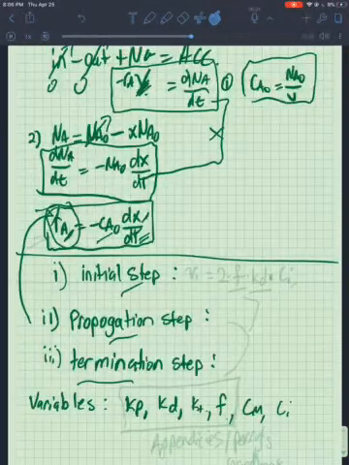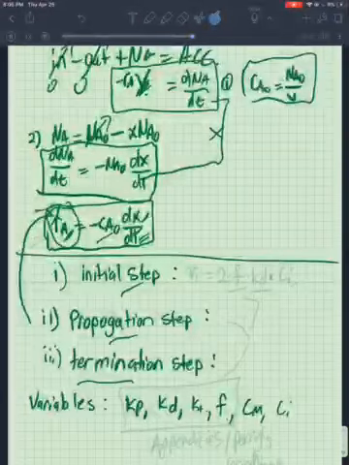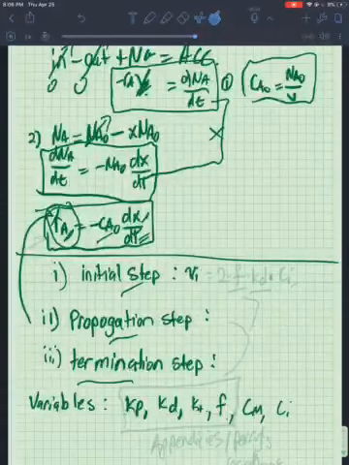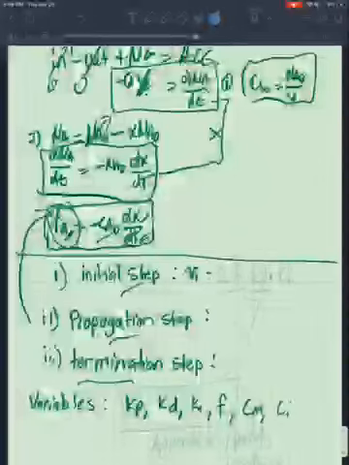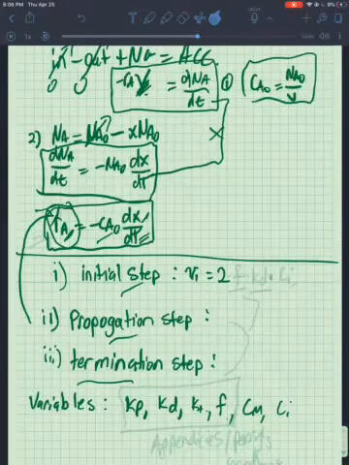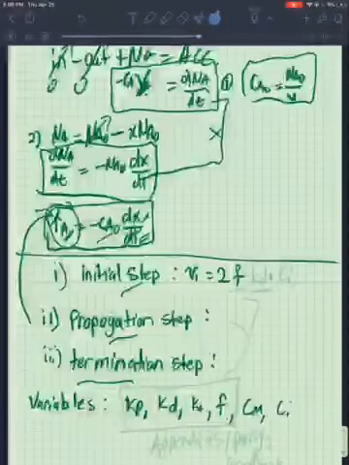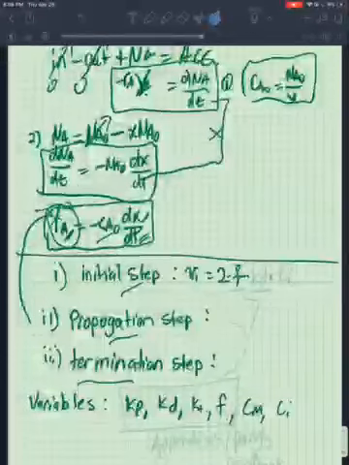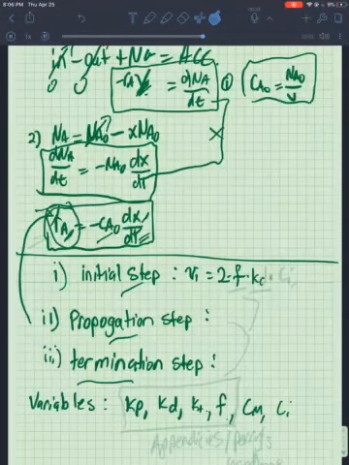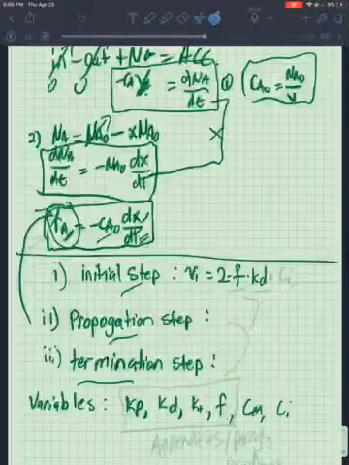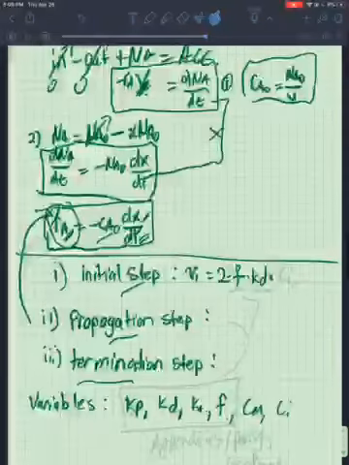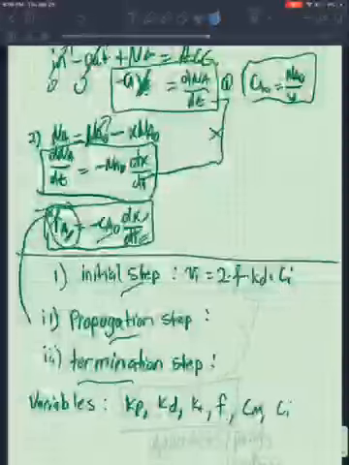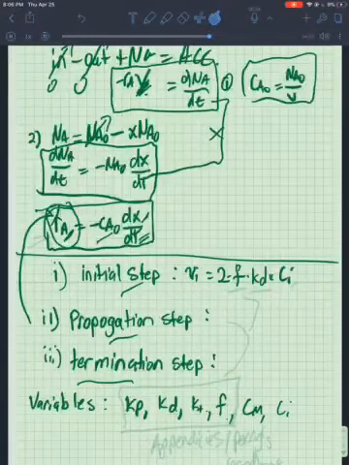I'll just show you one. Let's say the initial step rate law, let's call it VI, is equal to 2 multiplied by a parameter F. We'll get into detail on these variables in a second. Multiplied by KD, multiplied by CI, which is the concentration of the radicals in the solution.